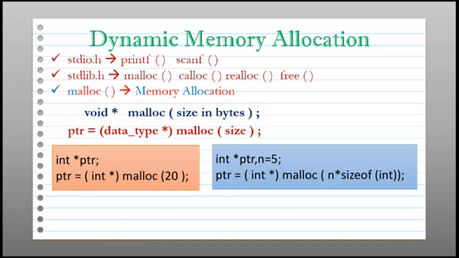Now we will see one small program. First we have included 2 header files: hash include stdio.h, for using the printf and scanf functions, and stdlib.h, because we are using the malloc function.